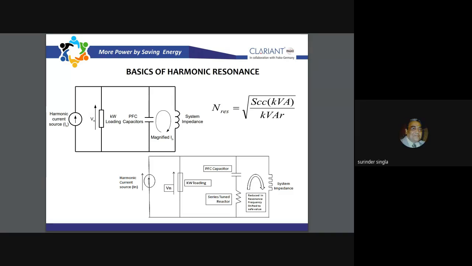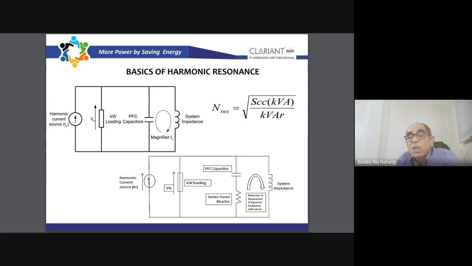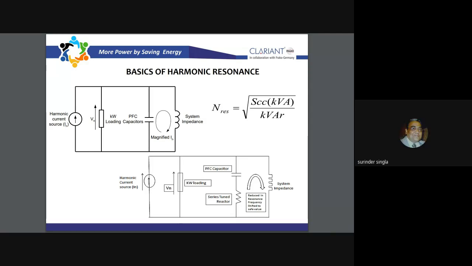Baldevji, the biggest problem is that harmonics is a very sensitive issue. Identification of the harmonics is possible, but the designers still make it as a black box. And in so many places, the energy auditor who recommends harmonics suppression becomes a sorry figure.